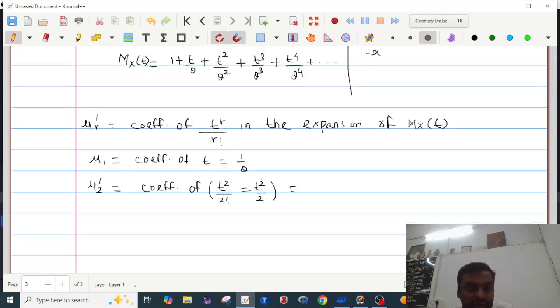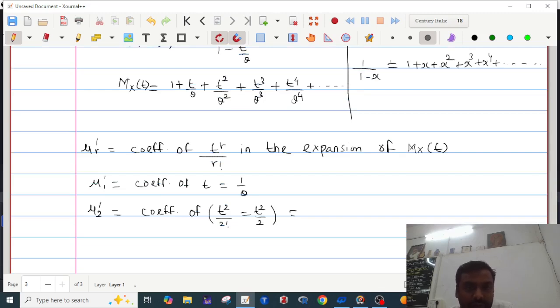So if you observe here, for the coefficient of t square upon 2, you have to make an adjustment: 1 plus t upon theta plus, you multiply this by 2 factorial and divide it by 2 factorial. This is 2 factorial and here it is theta square.